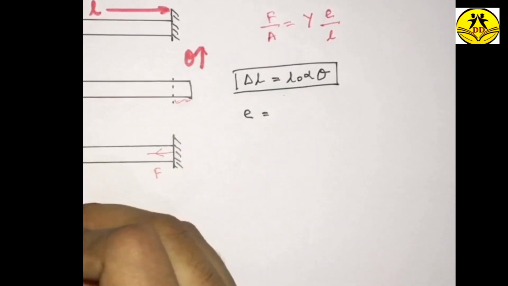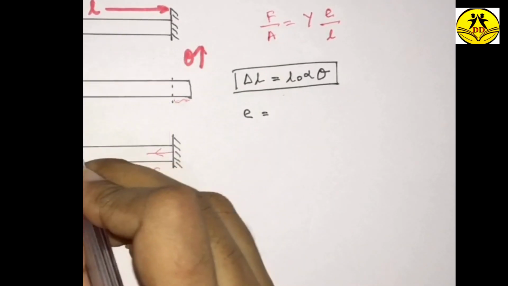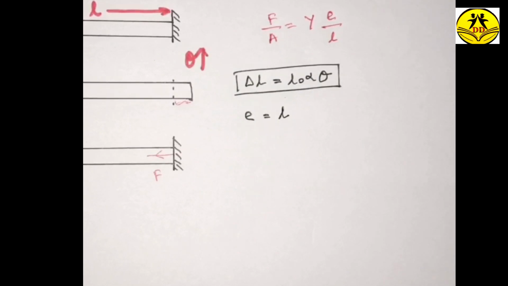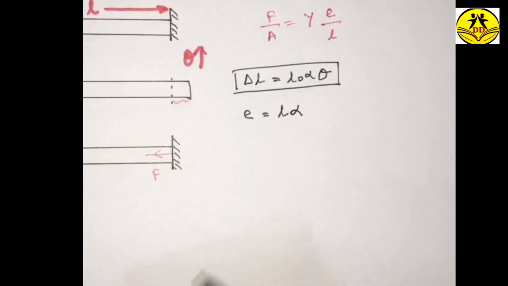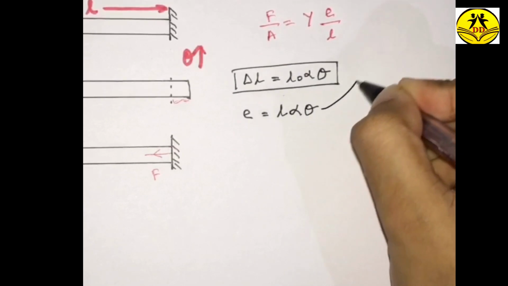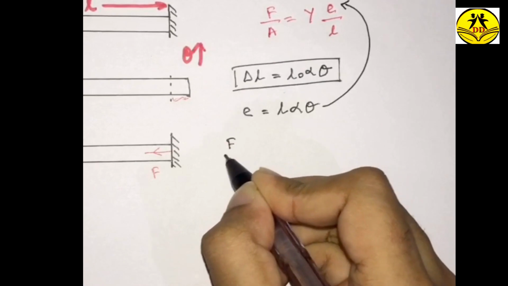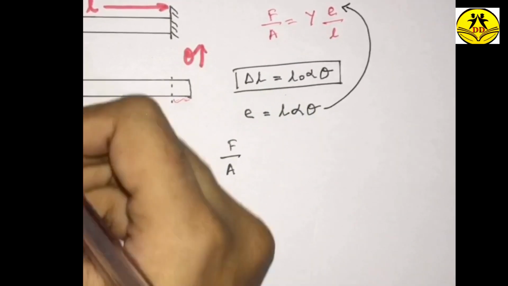L naught is the original length of this rod, that is L. Alpha is the coefficient of linear expansion of the material, and theta is the temperature change. We are going to use this equation and rewrite the equation. F over A, where A is the area of cross section of this rod.